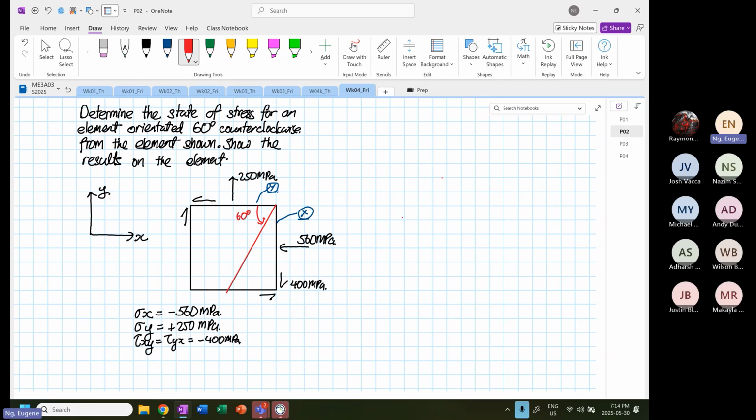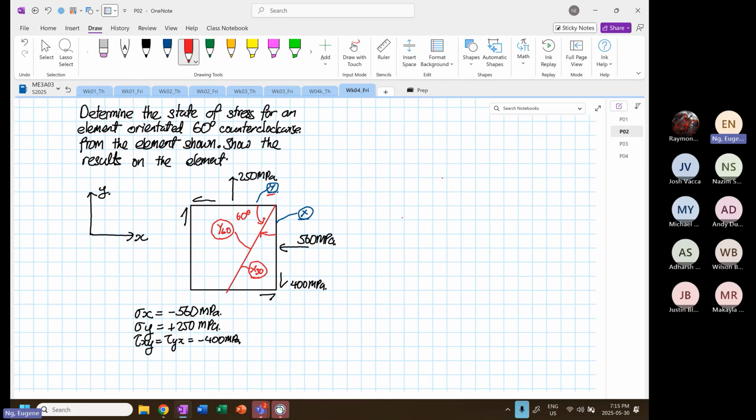So we rotated from point Y. Okay, so we can call this line our Y60. But if you want to rotate from X, you can, but if you rotate from X, in this rotation, it's going to be X30.